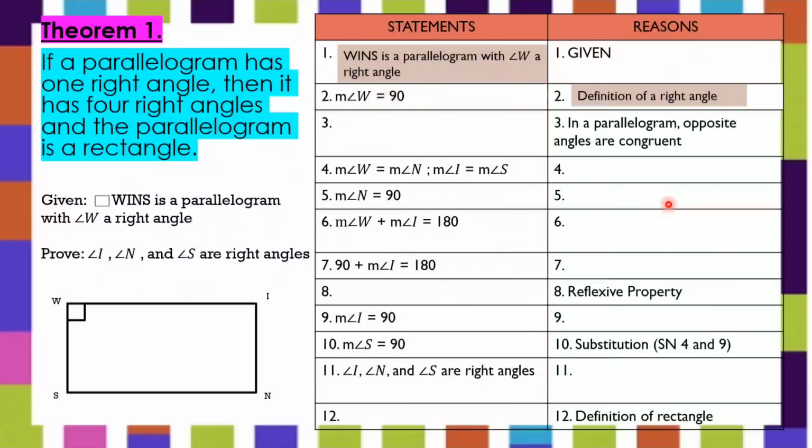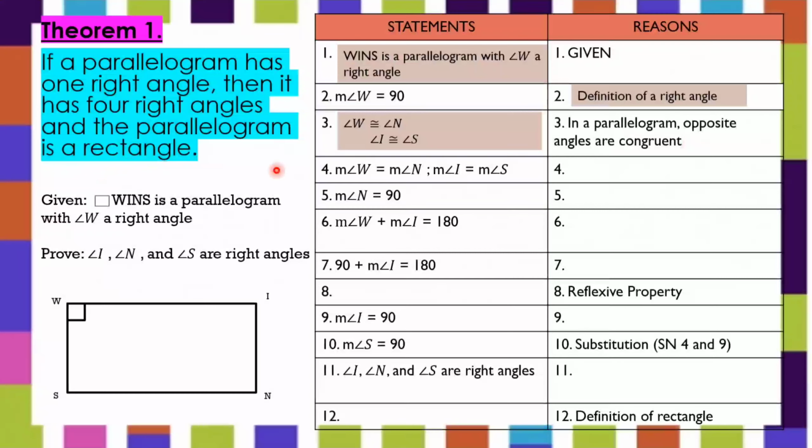Okay? So, for number 3, hint natin, given ang reason in a parallelogram, opposite angles are congruent. So, ano ba yung mga pairs ng opposite angles natin dito? So, we have the statement, angle W is congruent to angle N. So, opposite angles yan. And angle I is congruent to angle S. Okay? Dahil nga, in a parallelogram, opposite angles are congruent.